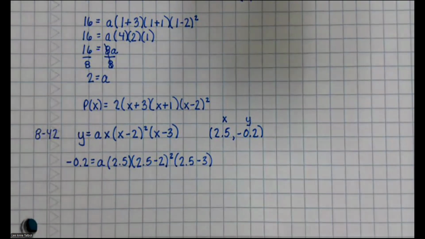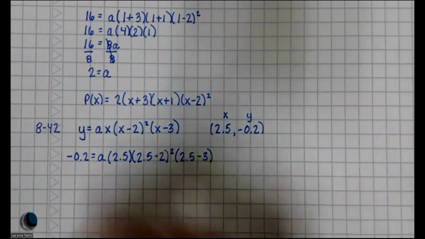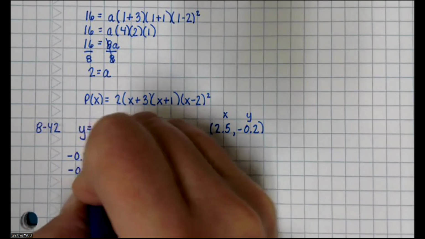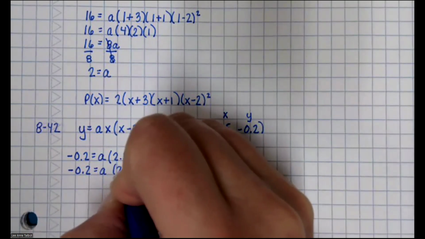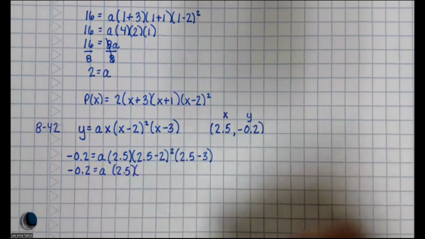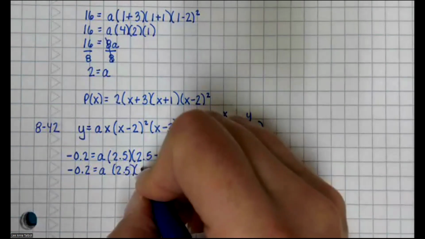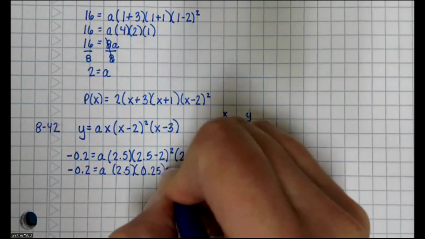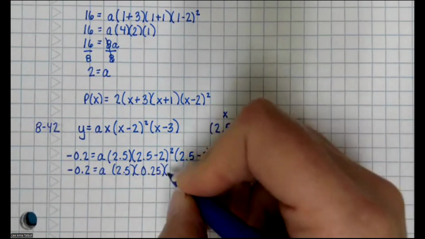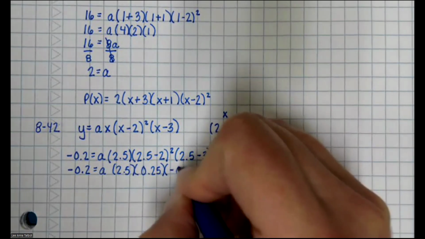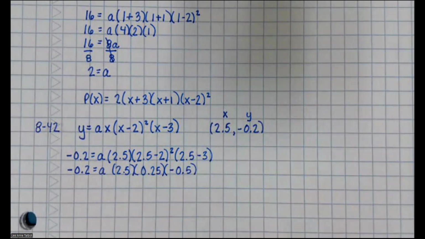Okay. Use my brain here, see how far I can get. Negative 0.2 equals 2.5. Okay. 2.5 minus 2 is 0.5. 0.5 squared is 0.25. 2.5 minus 3 is negative 0.5. Oh man, I think I have to go to the calculator now.